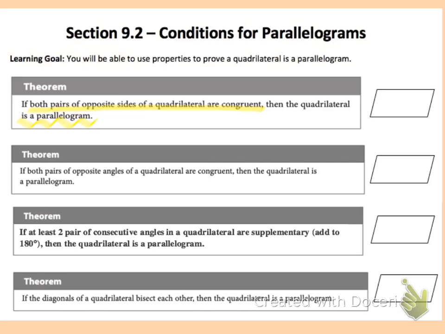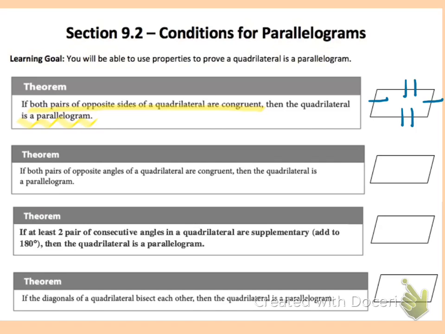It said if something is a parallelogram, then its opposite sides are congruent, and this is just the converse of that. So in other words, if we know that these opposite sides are equal in measure, that's enough information to say that something is a parallelogram.